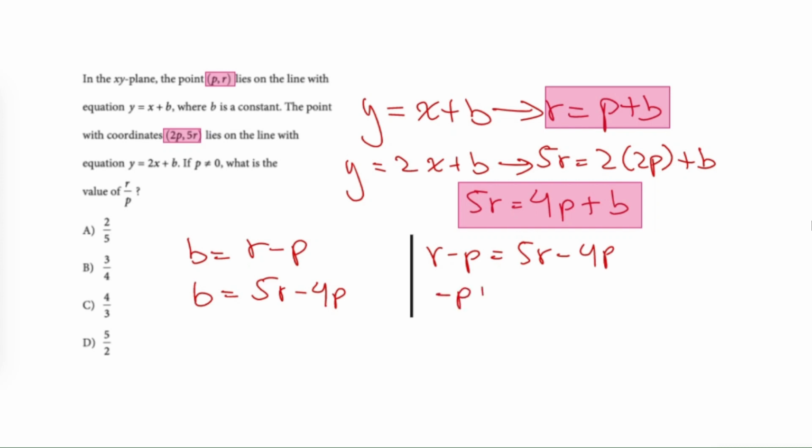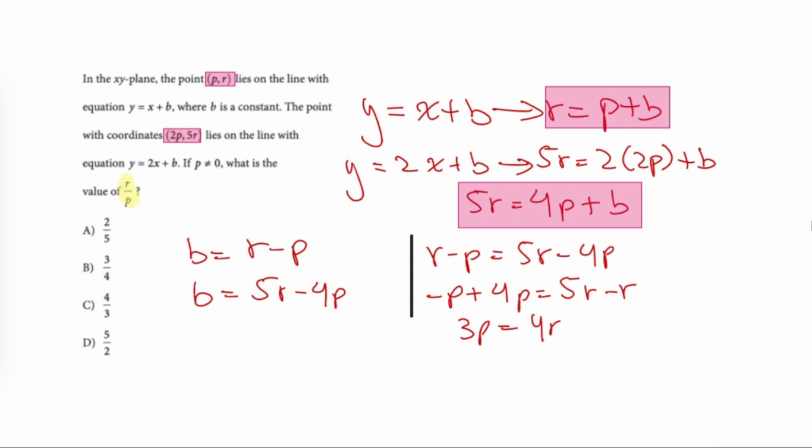Now, minus p plus 4p equals 5r minus r. Minus p plus 4p equals 3p and 5r minus r equals 4r.